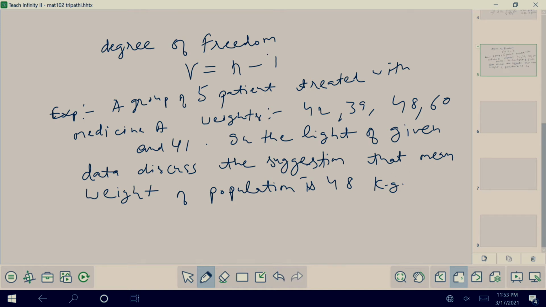In very simple language, we have to check this, this is our mu, because this is the population mean. So, we have to check whether this particular value of mu is equal to our sample mean or not. It means we can say that the sample drawn from a particular population has no difference between the mean of sample and mean of population, and we can make an inference about the population on the basis of the sample.